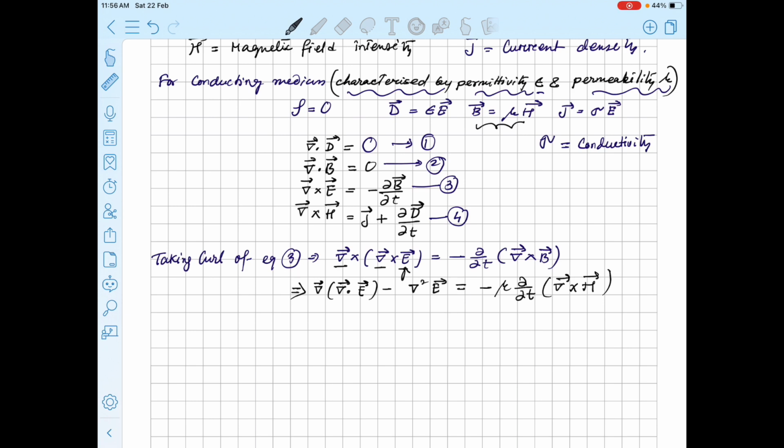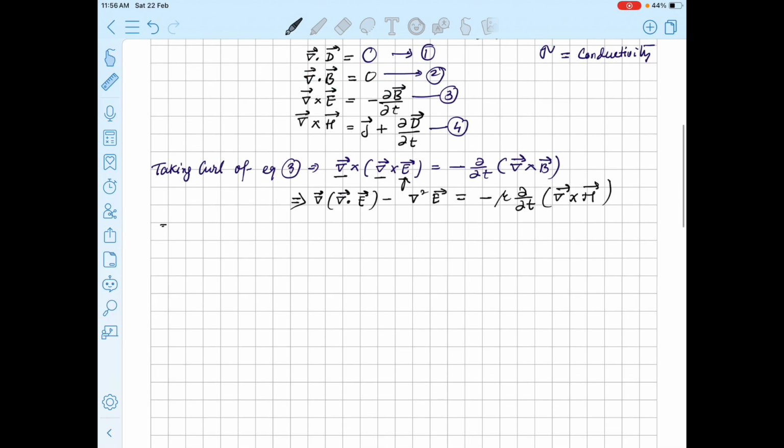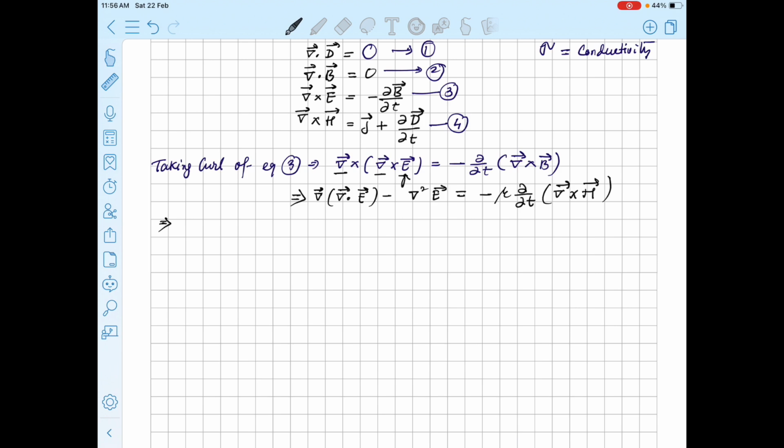Now you see del cross H is nothing but equal to this. So using equation number 4, let me scroll down. Okay, just wait.